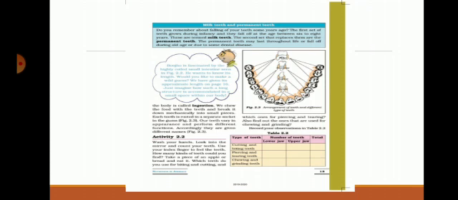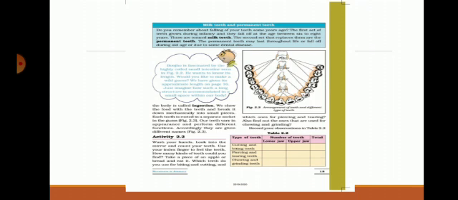Type of teeth: which teeth are used for cutting and biting, which for piercing and tearing, which for chewing and grinding, and how many teeth are used in this process. So the first activity is finished. You do this homework, table 2.2.